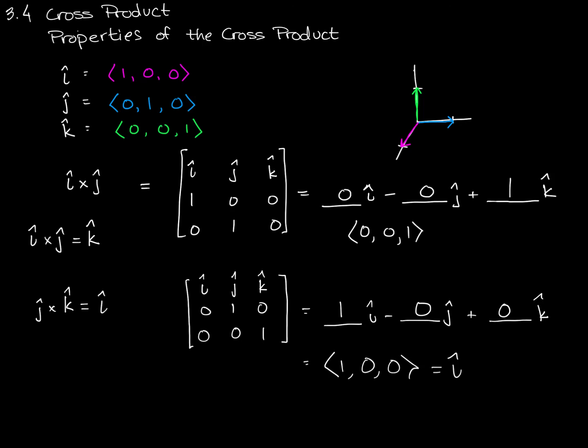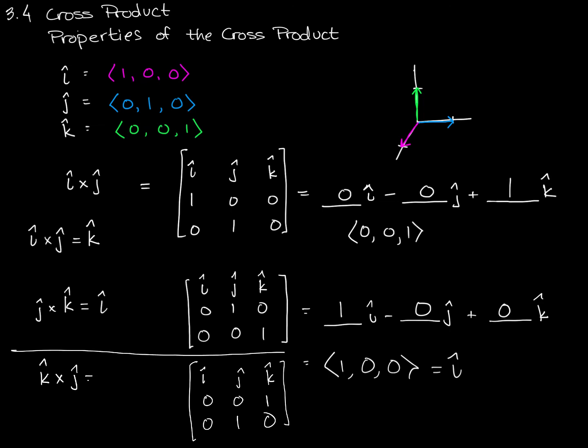Just for fun, I'm going to do one more. I'm going to do k crossed with j, because we haven't talked about one in this order. I'll have i, j, k for my matrix, and then I'll have k, which is 0, 0, 1, and j, which is 0, 1, 0. I need to draw a line here.